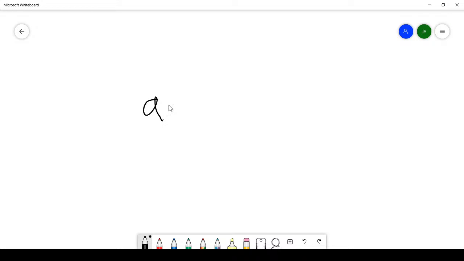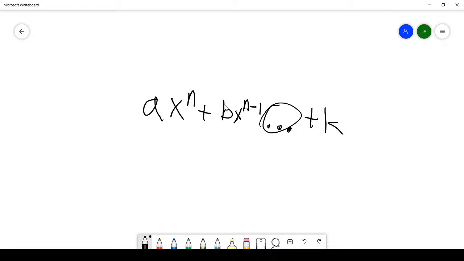So let's bring up the base form of any polynomial: ax^n plus bx^(n-1), and so on, plus k. This means that there can be any number of terms, as long as it takes n to reach 0.